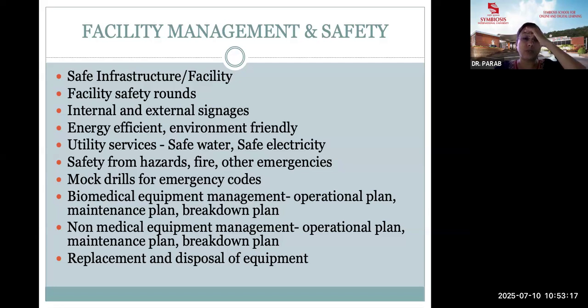All utilities should be safe. And safety from fire and non-fire emergencies. So this chapter talks about conducting the mock drills, the emergency codes for the hospital, code blue, code red, code yellow, and all of those emergencies. So how do you train people on preparedness for these emergency situations and so on?